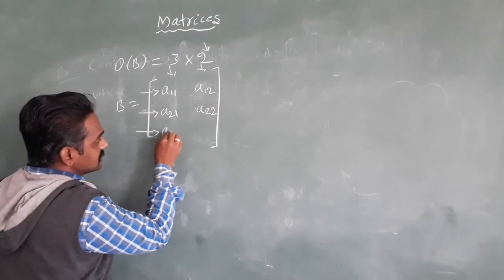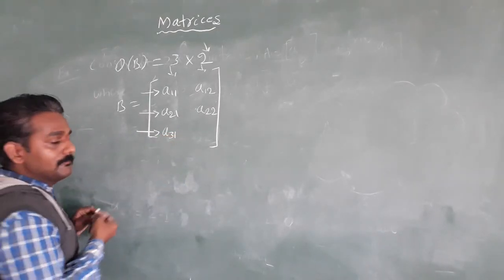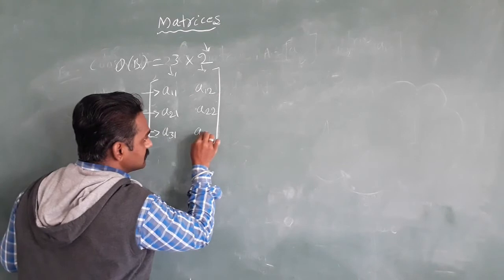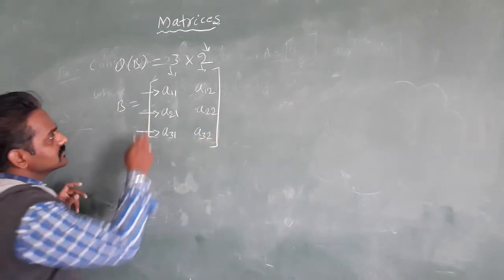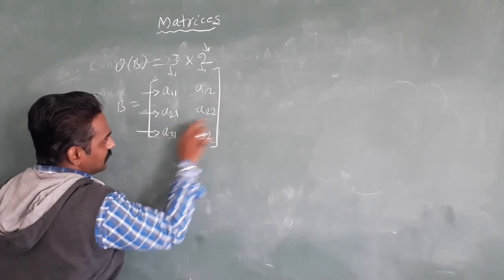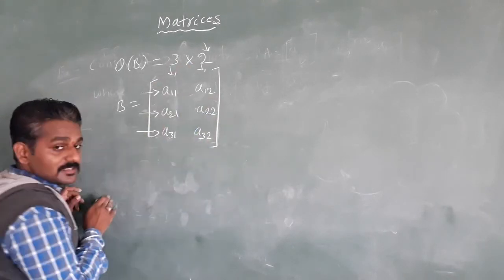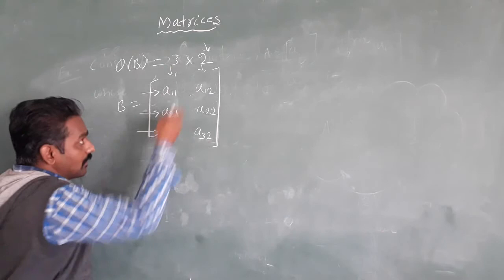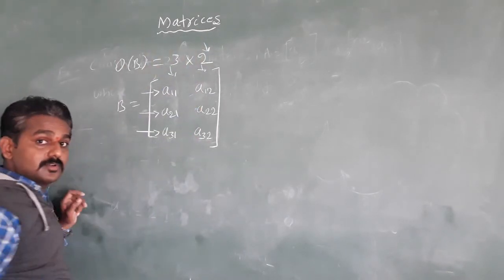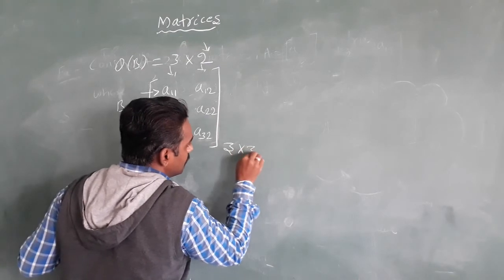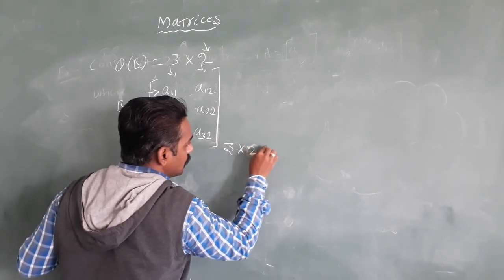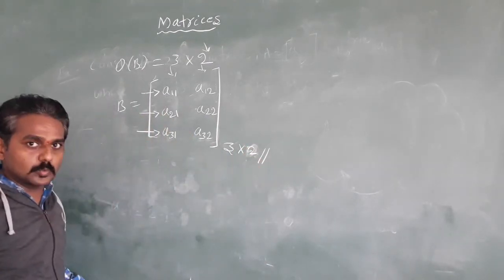Next, third row, first column, A31. Third row, second column, A32. Observe the things. First row, second row, third row: 3 rows are there. Next, first column, second column: 2 columns are there. So matrix B is of the order 3 cross 2 or 3 by 2.